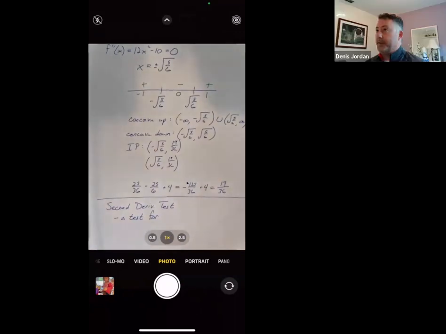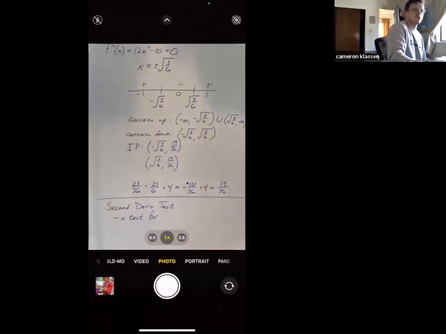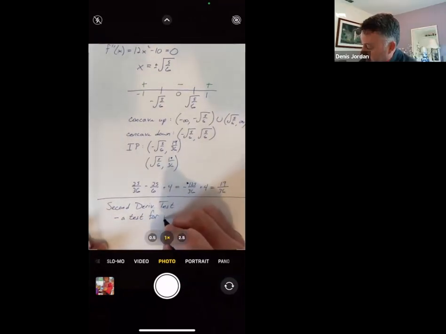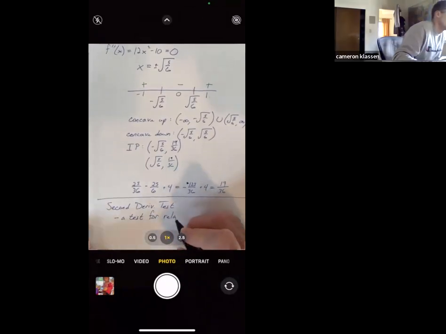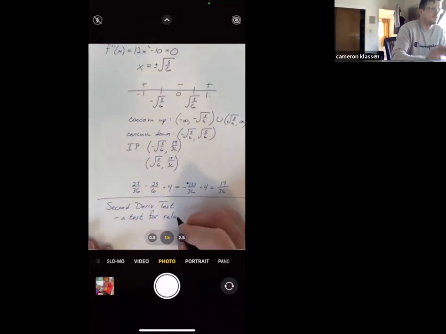So the first derivative test and the second derivative test, they actually test for the exact same thing. To test for max and mins? Yeah. It's a test for your relative extrema. So both of them do or accomplish the same goal.